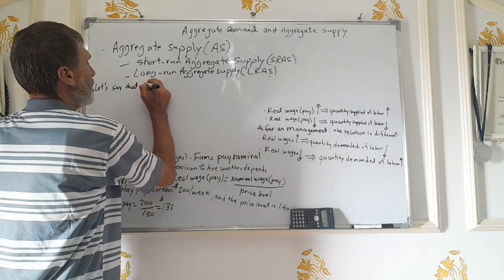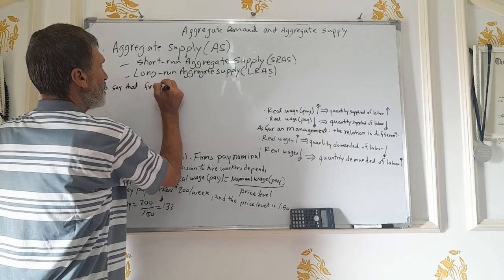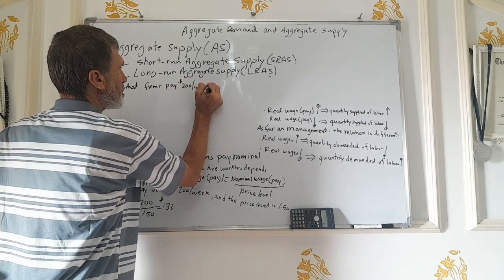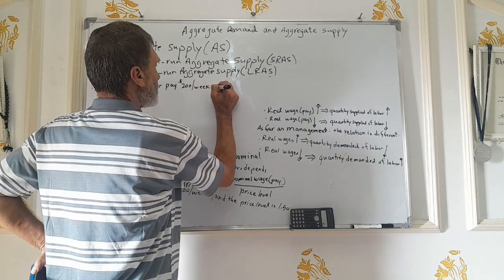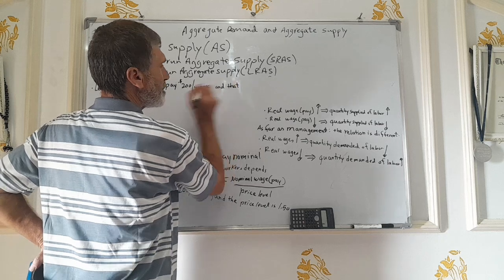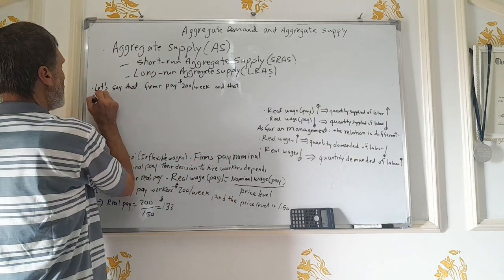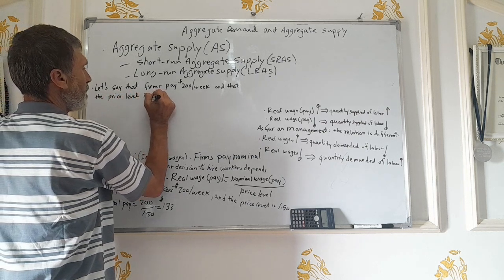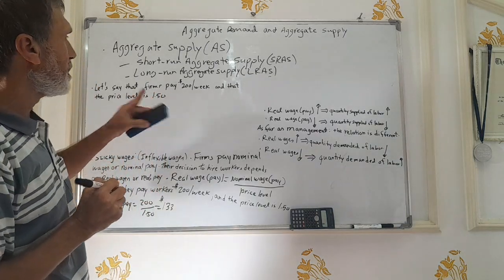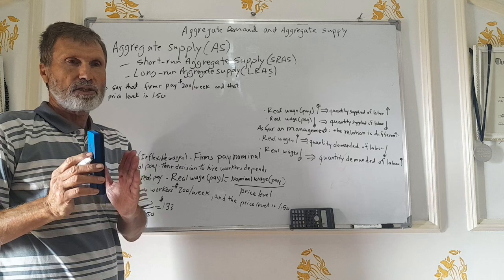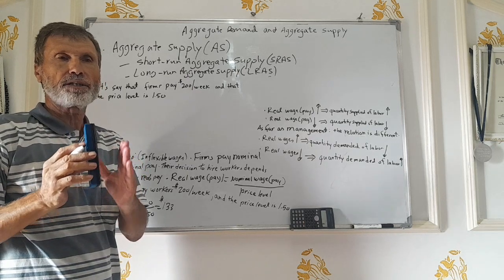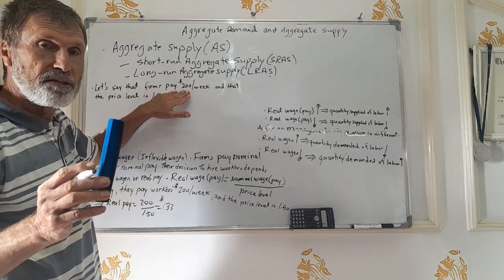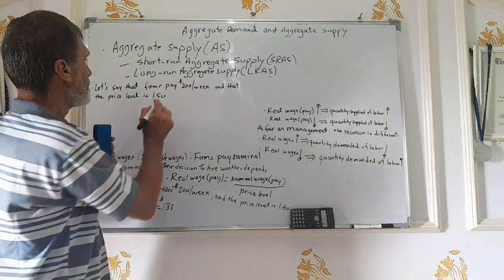Let's say the price level is 150. So assuming that the firm is paying $200 per week to hire workers, with that pay the firms hire, let's say, 200 workers.